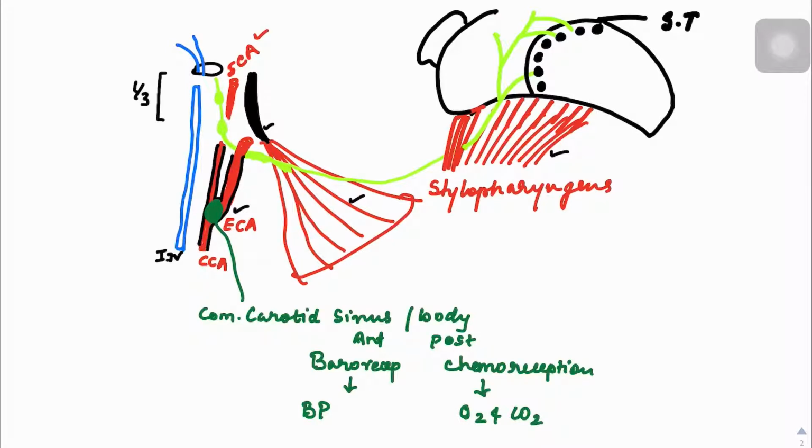So let us say after it has given two ganglia, it gives a branch which goes and supplies the carotid body and sinus. So let us say that nerve is the nerve which supplies the carotid body and the sinus.